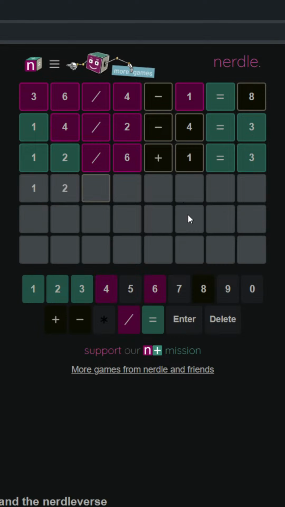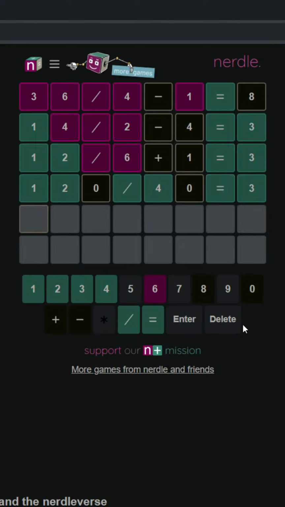At least we got the 12. So 6 also doesn't go here. I really didn't give myself much information there though. This is probably multiplication? No, no, no, no. It's probably like 120 divided by 40.